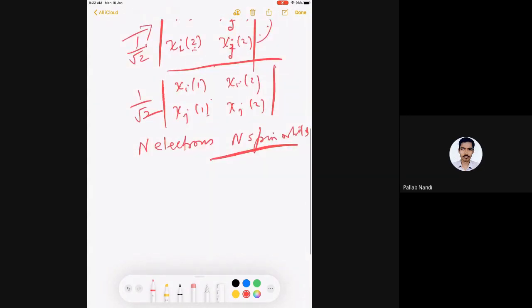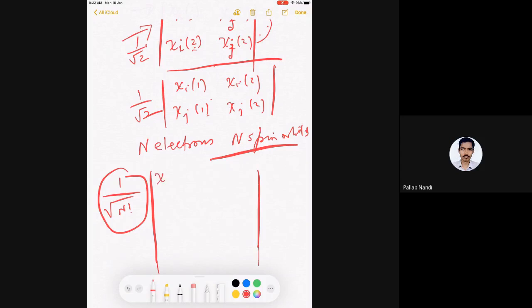So I have n electrons in n spin orbitals. So this is going to become 1 by square root n factorial. Again, I'm just introducing this, and I'll justify this factor, but don't worry about this factor because it's just a multiplication number. So I have chi1 1, chi2 1, etc., up to chi n 1.